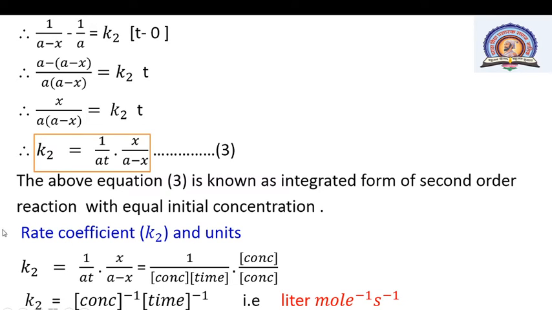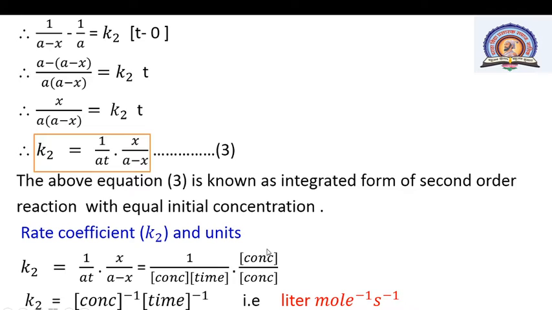Next, the rate coefficient k2 and its units. k2 equals 1 upon a into t into x upon (a minus x). Here 1 upon a means 1 over concentration, t means time, and x and a minus x are also concentration terms.